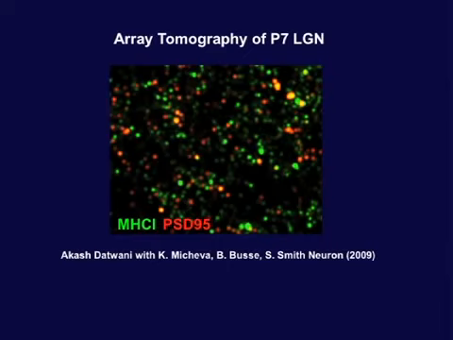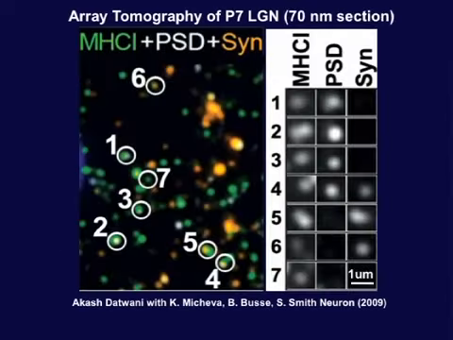And when we do this for several different markers, both a postsynaptic marker and a presynaptic marker, which I can't remember if we used synaptophysin or synapsin, anyhow, it doesn't matter. The point is that at this level of resolution, what we see is that MHC1 puncta are co-localized with PSD95. They can be co-localized with synapsin.